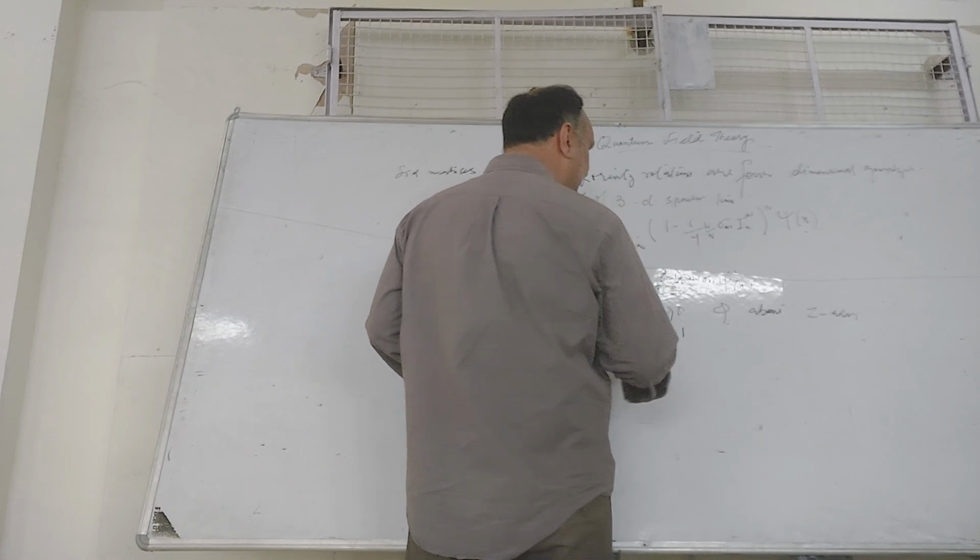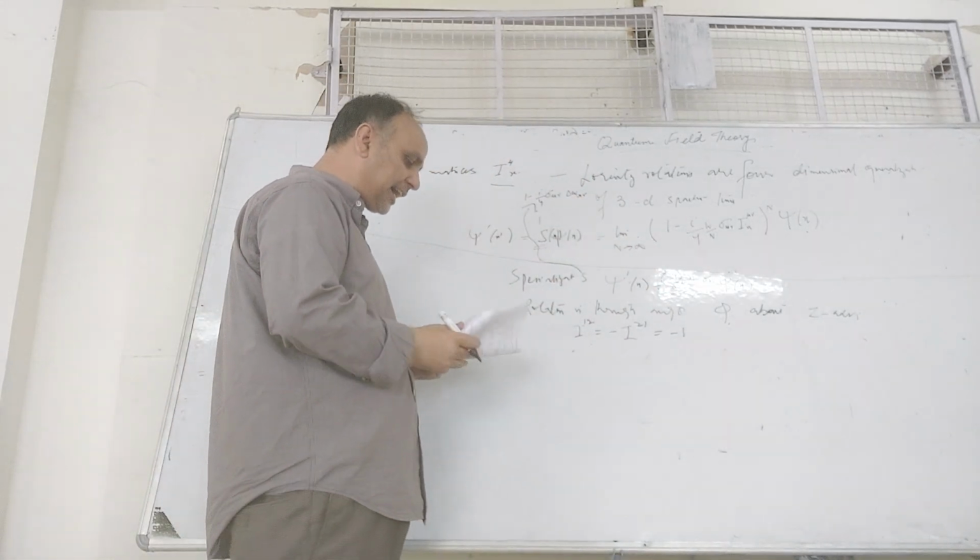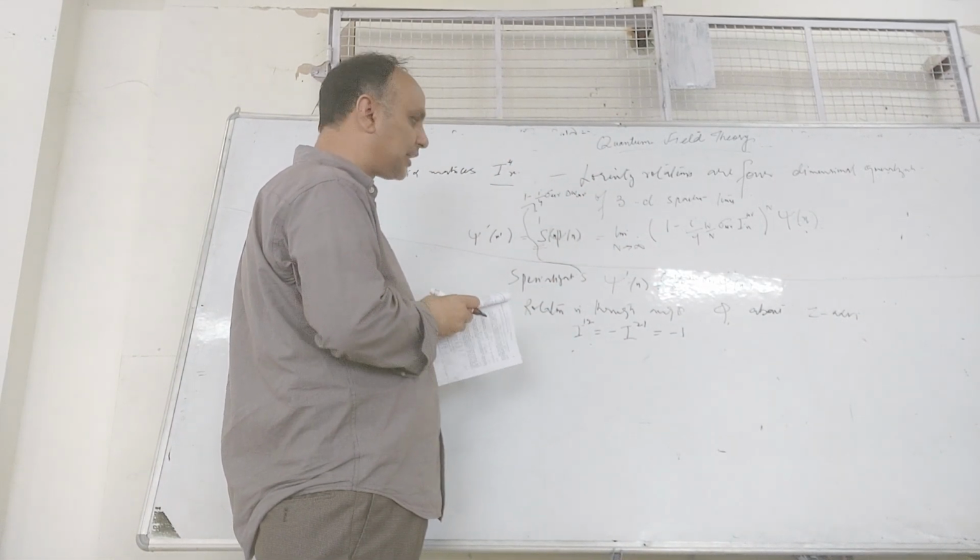Yesterday also we represented this I as a matrix, like this.